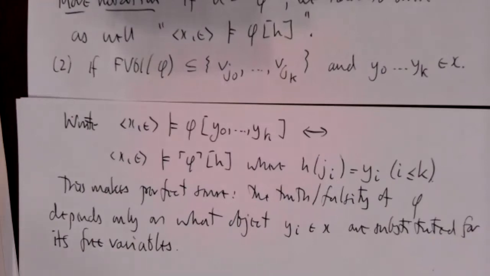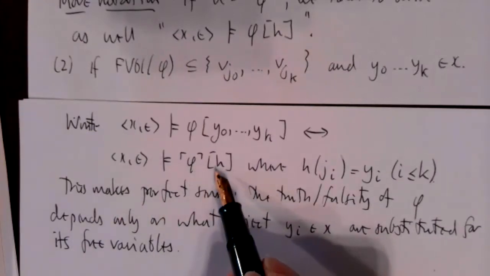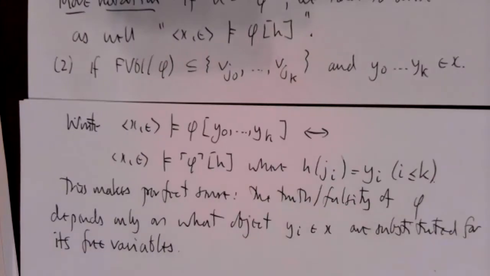What are assigned to the other variables is neither here nor there when it comes to working out whether the assignment makes phi true in X or not.